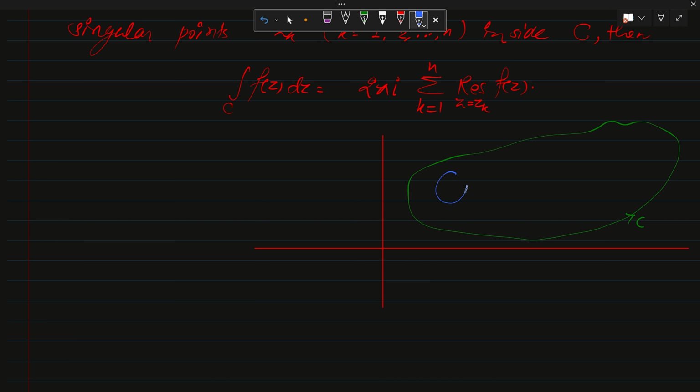So this is one circle, this is another circle, and so on. This is another circle. Okay, and we are having this point is z1, this point is z2, and so on. We are having this point is zn.